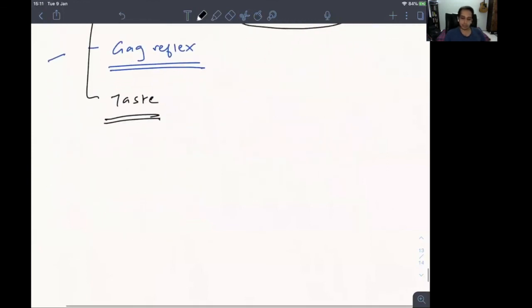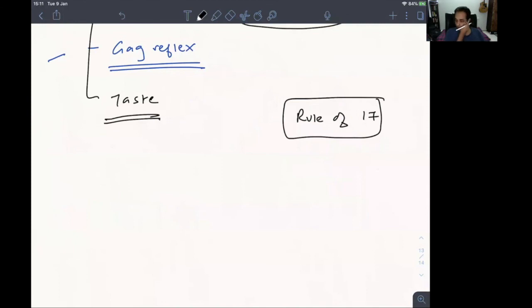One concept I wanted to tell you was the rule of 17. So the rule of 17: 10 plus 7 is equal to 17, and 12 plus 5 is equal to 17. Have you heard of this, or can you guess what it is?